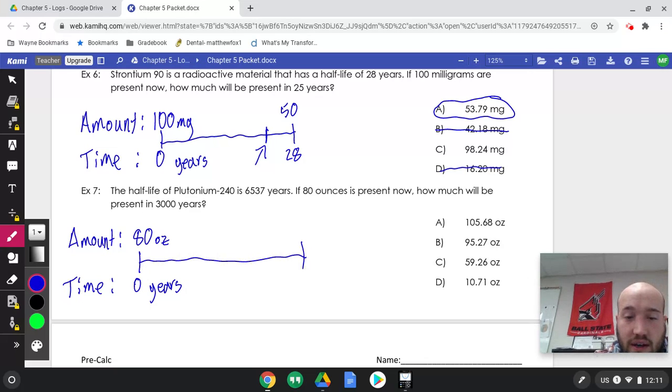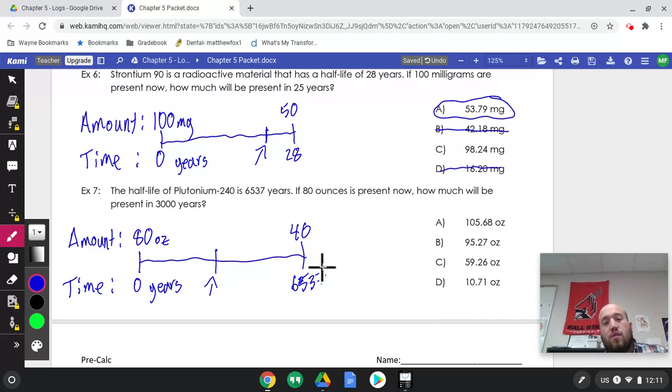Now, after 6,537 years, that's the half-life, so we'd be down to 40 ounces. It's at 3,000 years, so that's somewhere in the middle. Okay, not quite to the middle, but somewhere in there. So the amount will be somewhere in between 80 and 40.